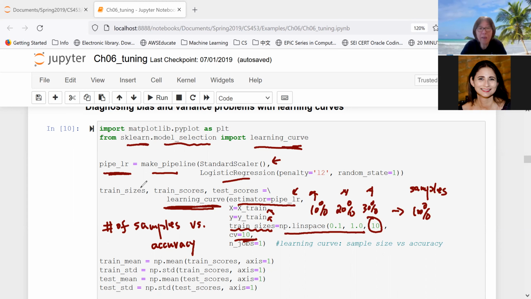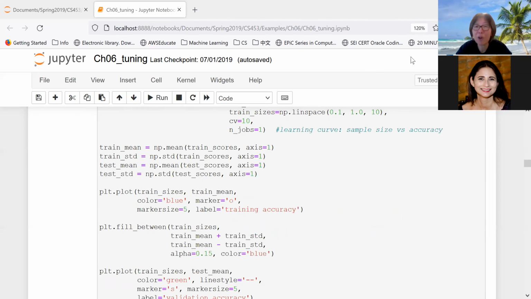Okay. And then what we can collect is the training size, the return, which is how many samples, and the score, the training score and testing score. Then we can plot that diagram, and that can give us a good visualization.